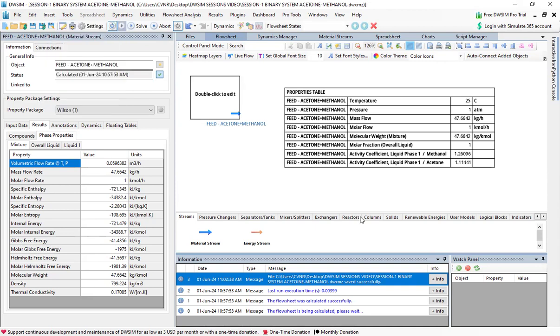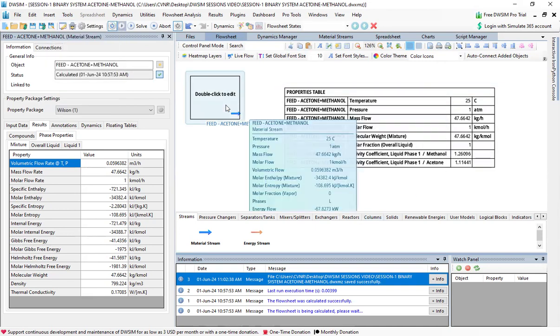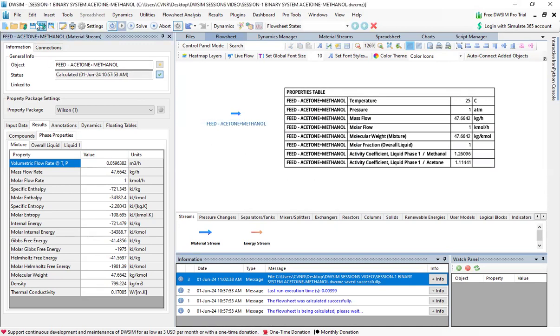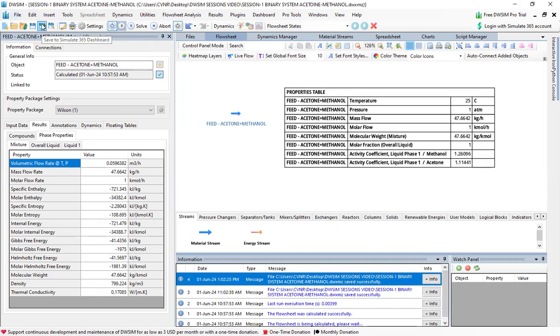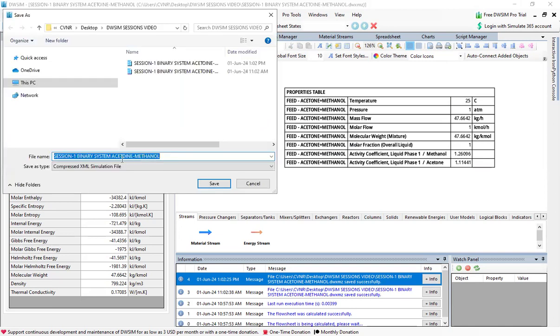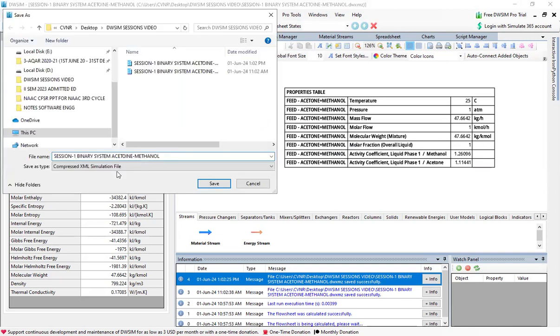Let me remove this and save this as another session. Let me call it 4, binary system acetone plus methanol. And I want to flash it.